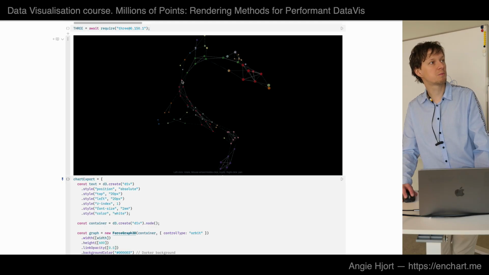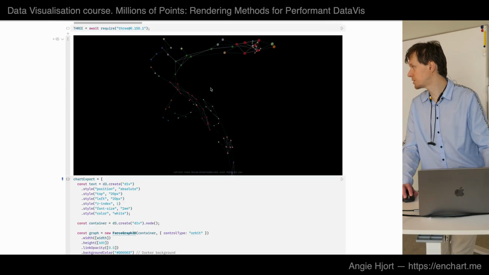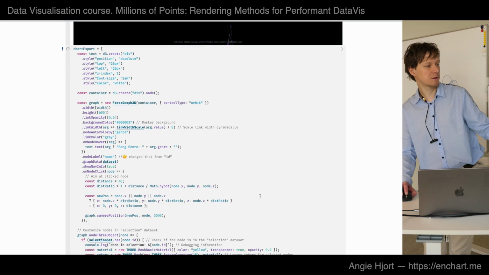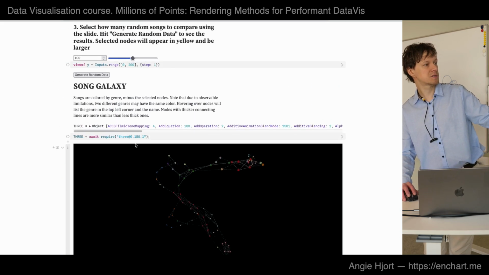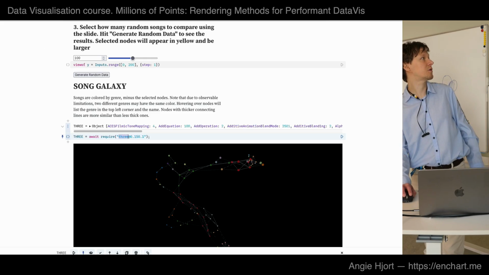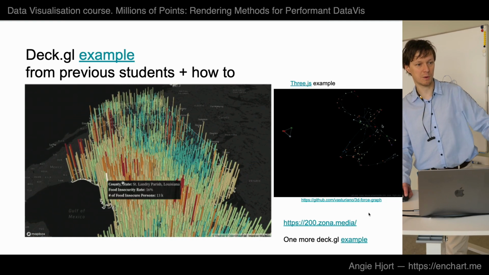I can pull different nodes, I can drag them around. This is a physics computation that makes it possible. But the rendering is done with something called three.js. So three.js is your library for 3D interactive graphics for the web.